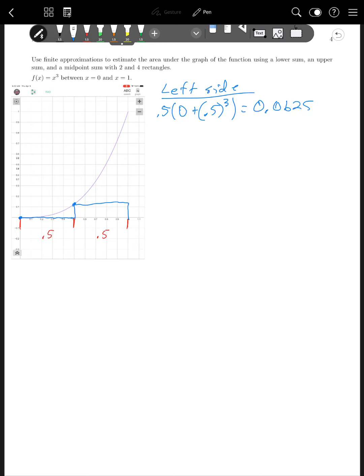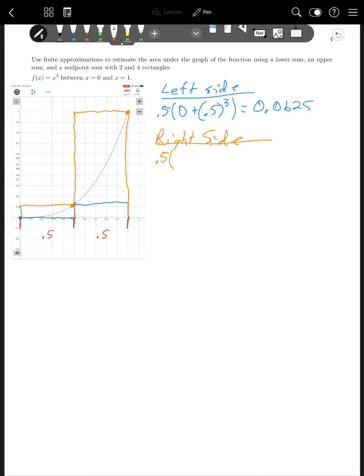So that's, plug that in your calculator and you get 0.0625. Okay, then we can do the left, sorry, that was actually not the right side I just did. That's the left side. Then you can do the right side.